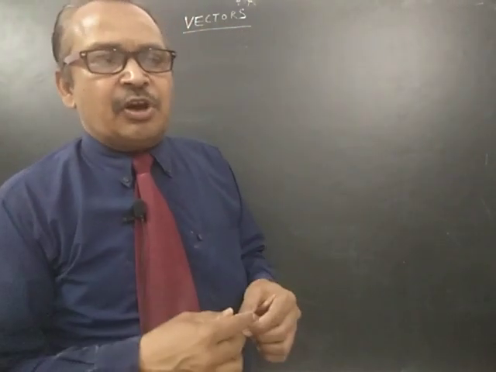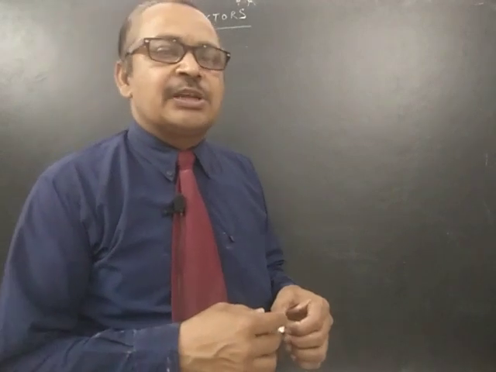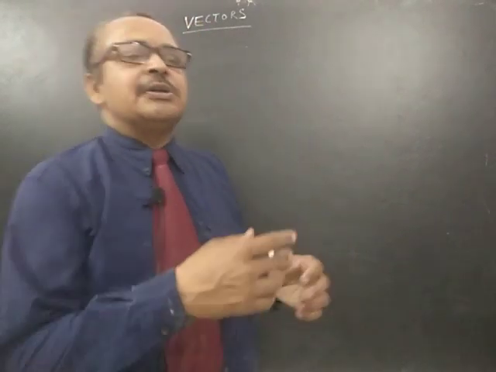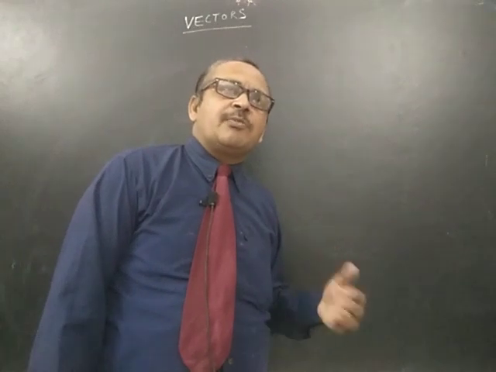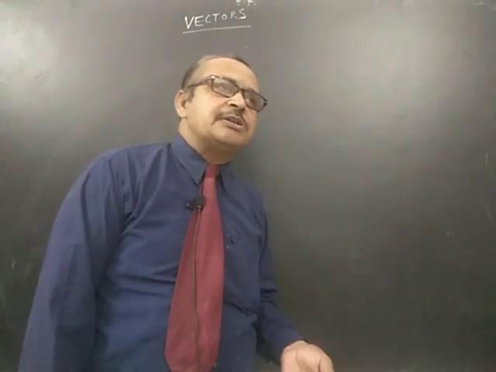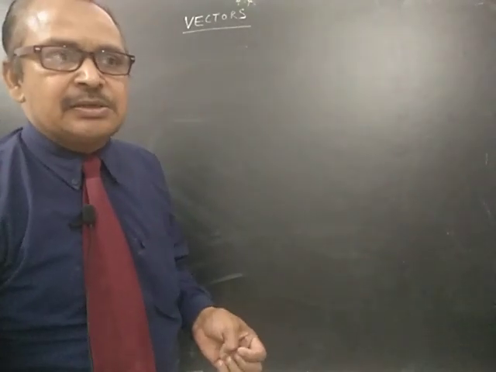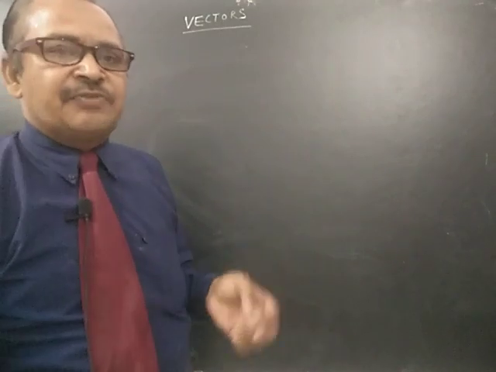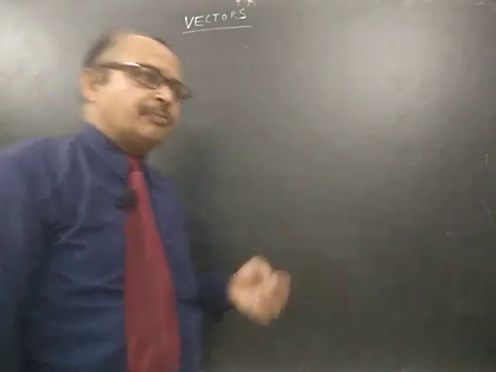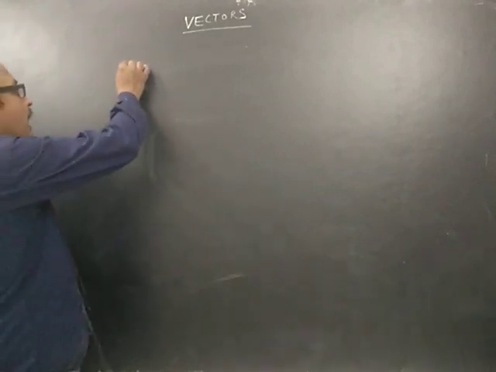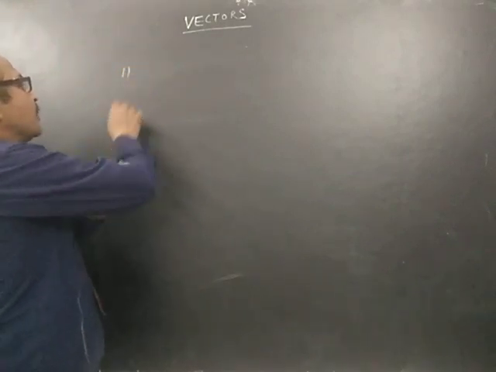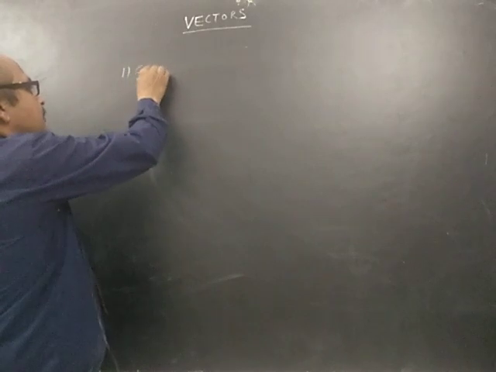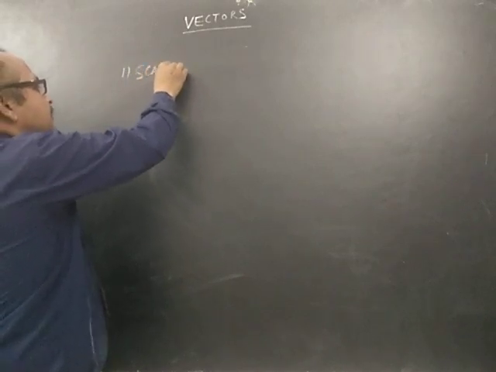Now, dear friends, we all know that the physical quantities we have been talking about from the beginning can be classified into two important categories, out of which the first is called scalar quantities.